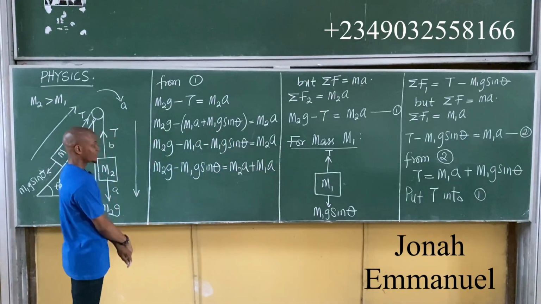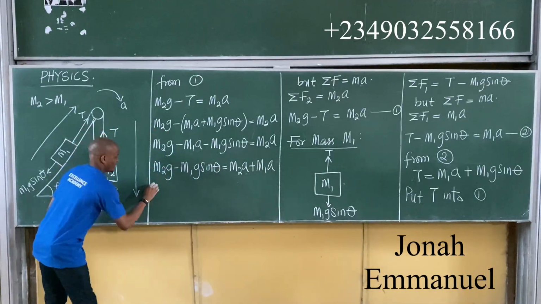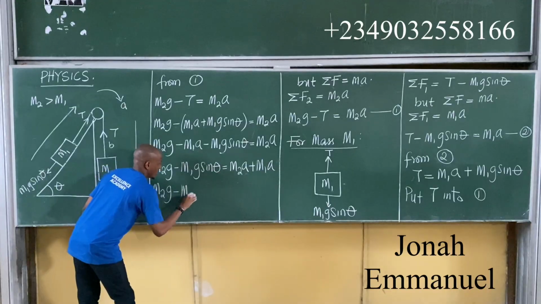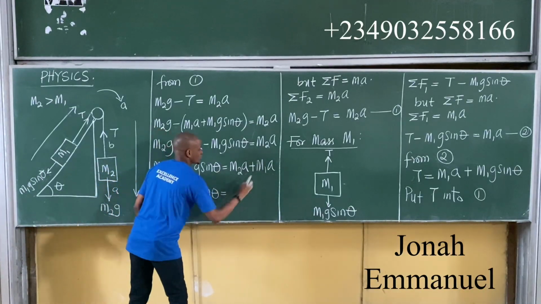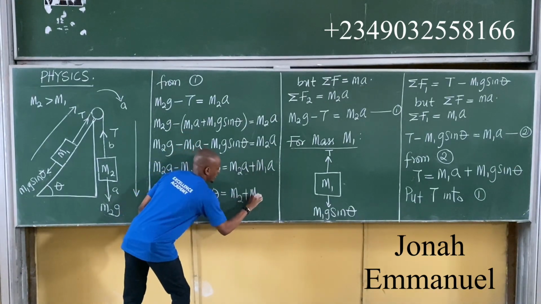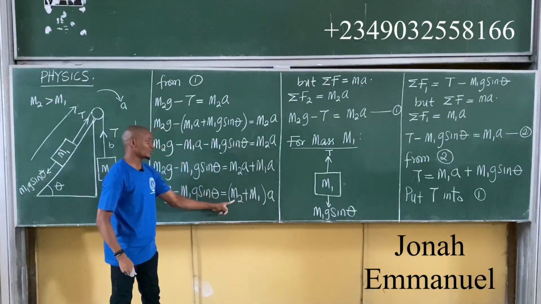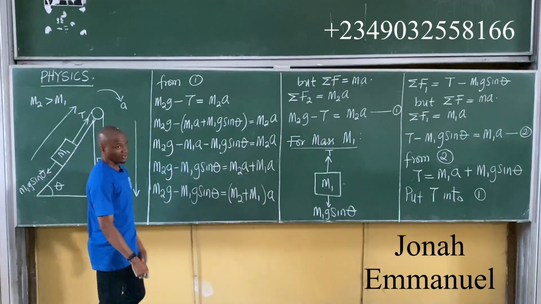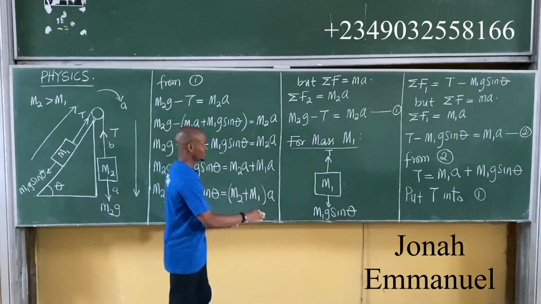Next up, factorize a out of this. I'll have M2g minus M1g sin theta is equal to, take out a from here, you're left with M2 plus M1, all into a. So a times M2, M2a, plus a times M1, M1a. So this is the factorization.